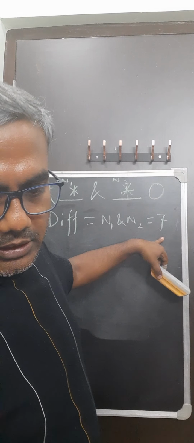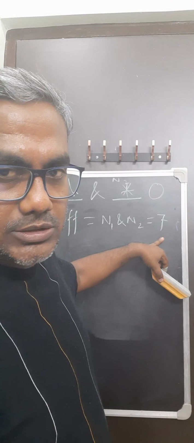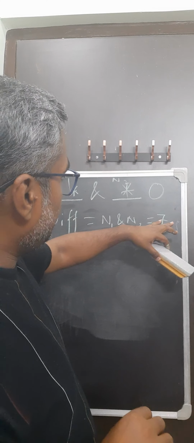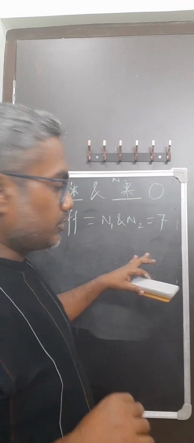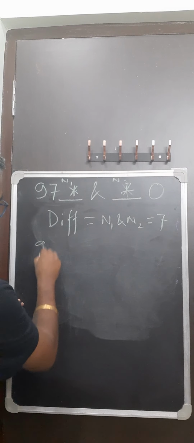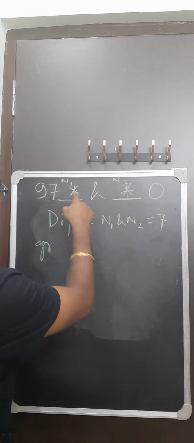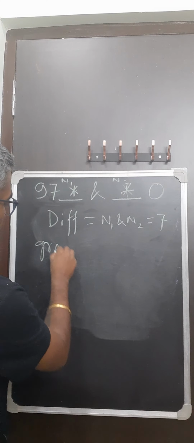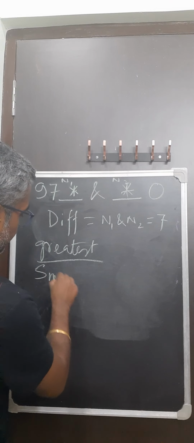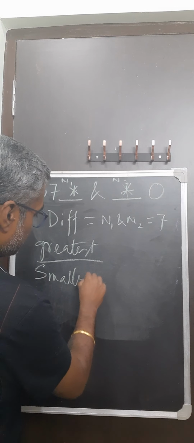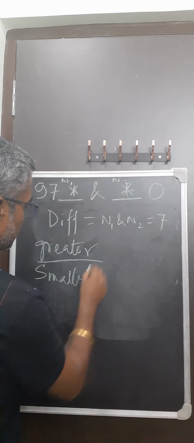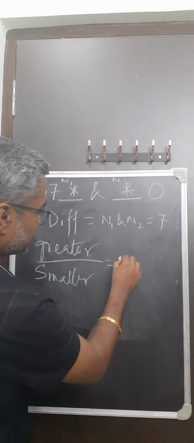This is the only condition, and once you calculate and find the numbers, you have to take the greater number and divide it by the smaller number.